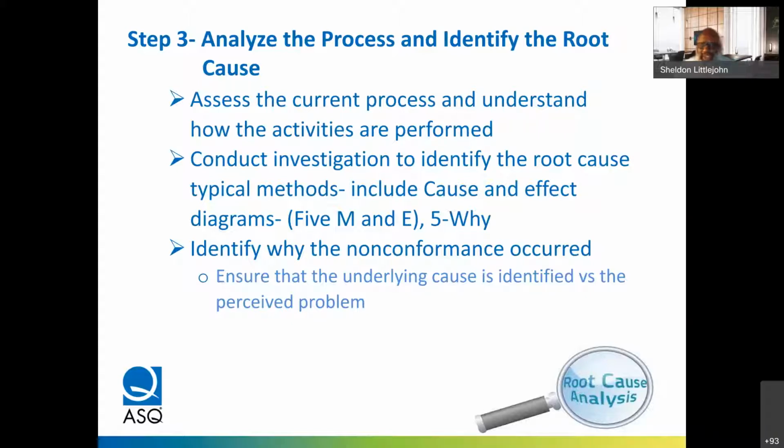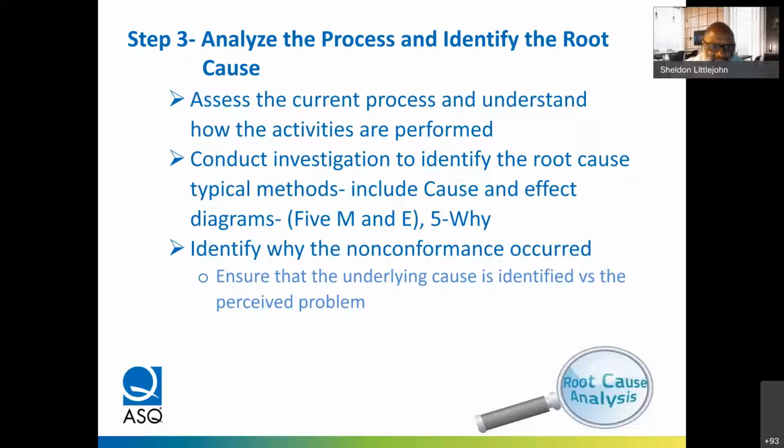And here we can drill down, use any of the well-known methods, the Ishikawa diagram, your cause-effect diagram, your 5 Whys, 5M&E, which is the same as the cause and effect in Ishikawa, or one good one, TapRooT, which is very good at identifying both causal effects. So you're looking here at probable causes and root causes.